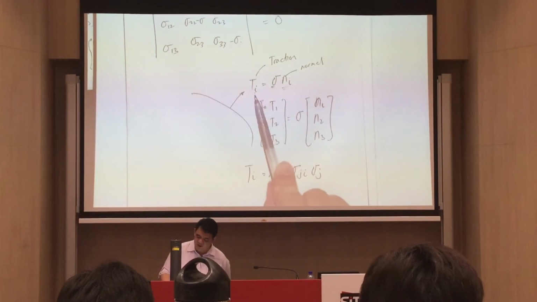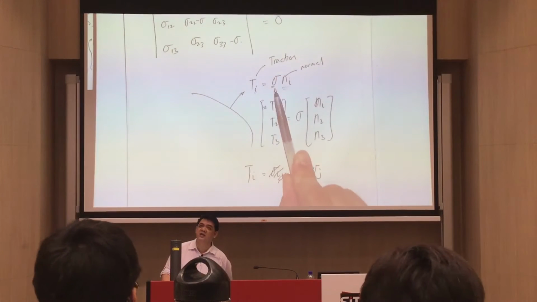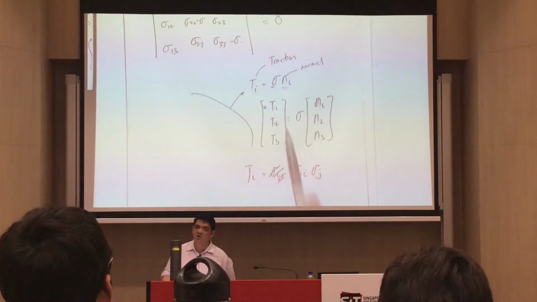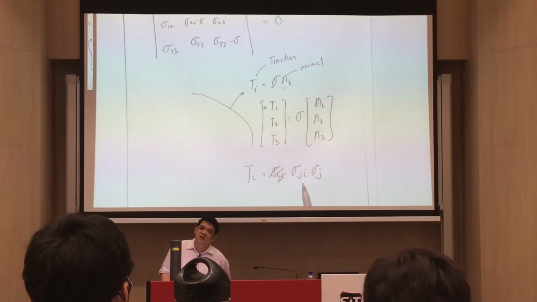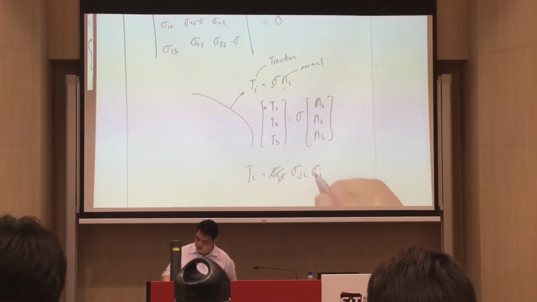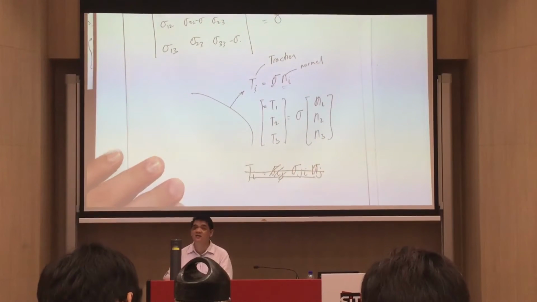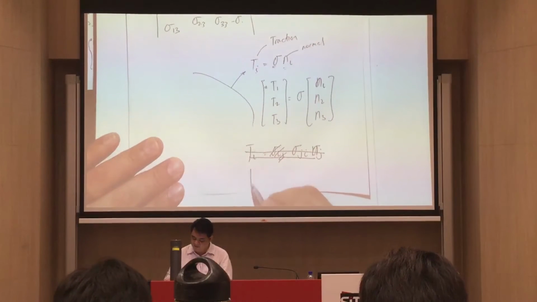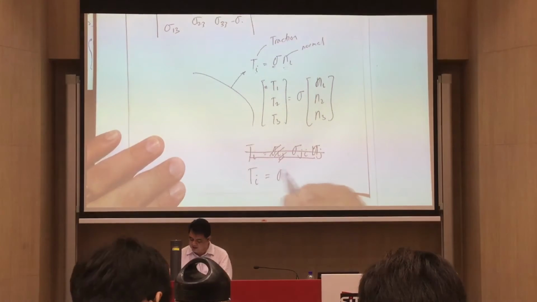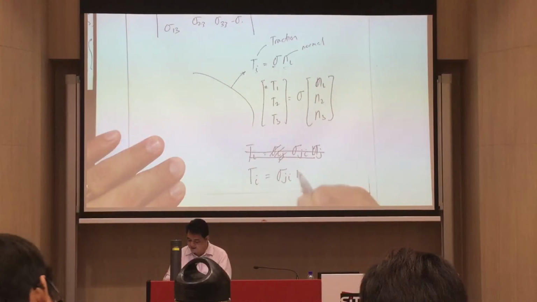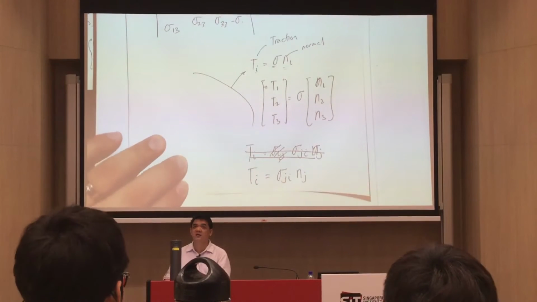So this is a traction. It can be written using the principal stresses, or it can be written as: let me erase that, sorry for that. You can have Ti equal to sigma ji nj.